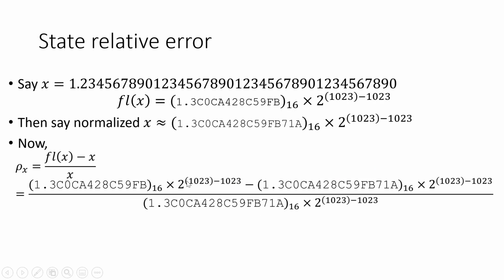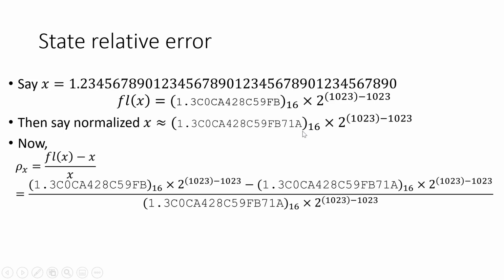So let's look at that. I'm going to state the relative error for that fun one. So let's say that the X is a whole bunch of stuff there, just those repeating values. So it's going to have the same exponent. So normalized, this value is approximately equal to that. As I was saying, I'm adding 3 more nibbles to represent what the next few decimal digits would be equivalent of.